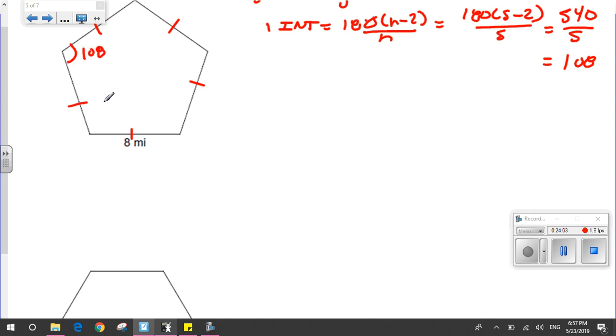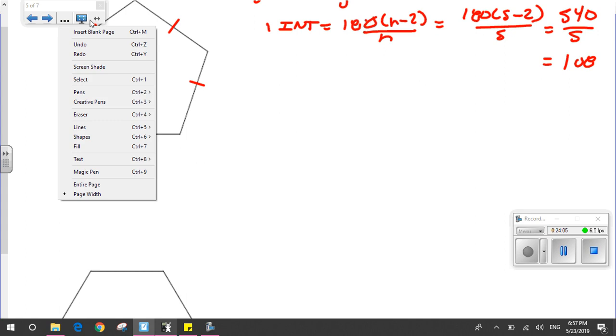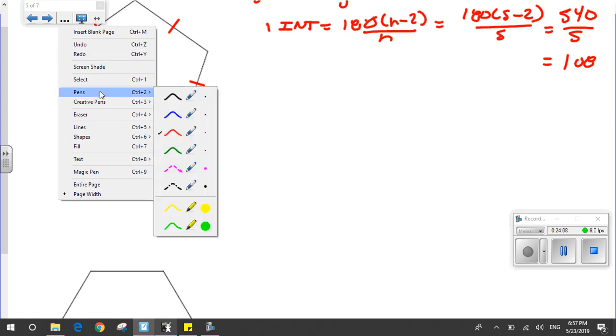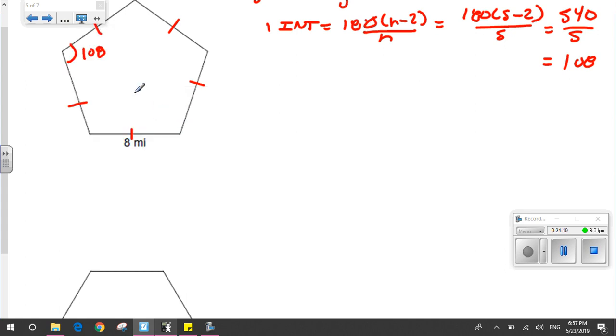So when I draw my apothem triangle, it's not going to be 30, 60, 90 because I'm splitting 108 up into 2. So half of 108 is 54.